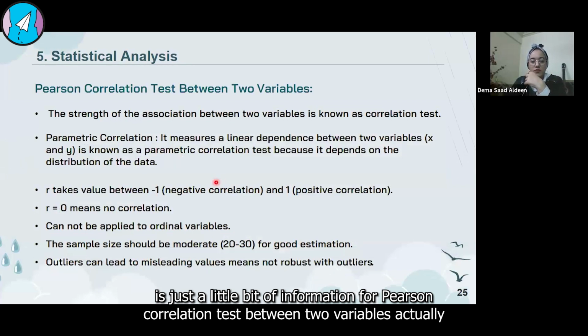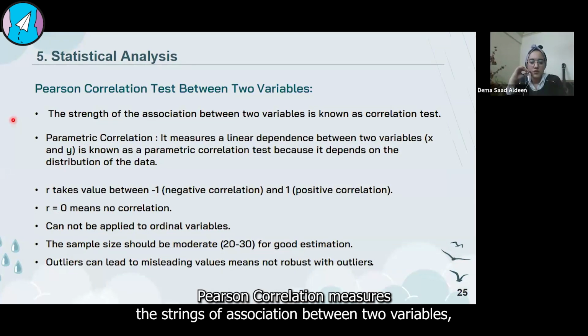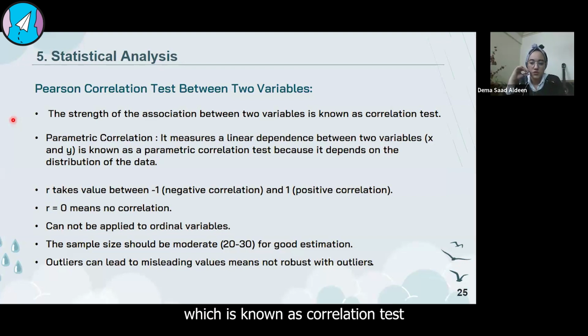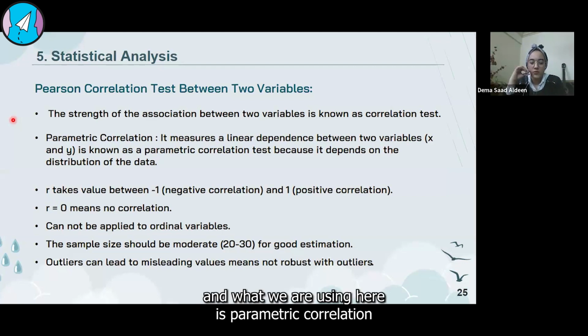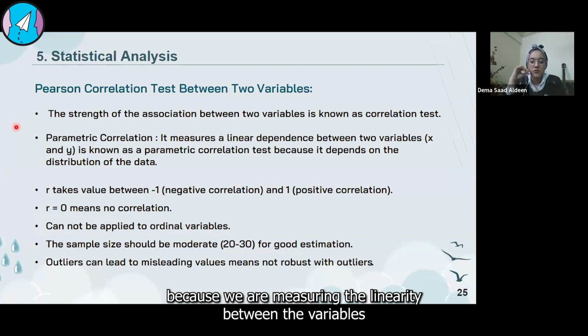Just a little bit of information for the Pearson correlation test between two variables. Pearson correlation measures the strength of association between two variables, which is known as a correlation test. And what we are using here is parametric correlation because we are measuring the linearity between the variables.